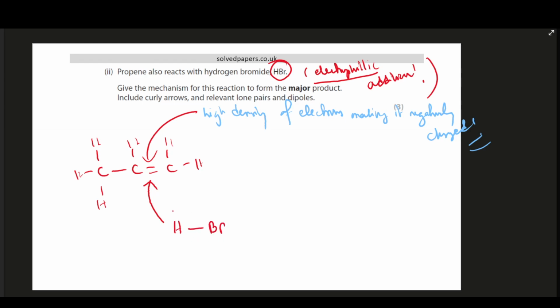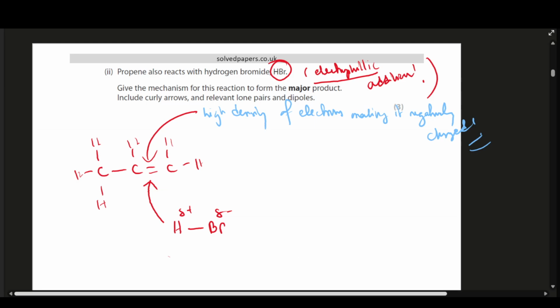When the electrophile HBr comes near to this high electron density carbon to carbon double bond, it tends to attack it. Why? Because the double bond is negatively charged and our hydrogen here is positively charged within the electrophile, so it gets attracted towards the double bond when the whole electrophile comes near this region.